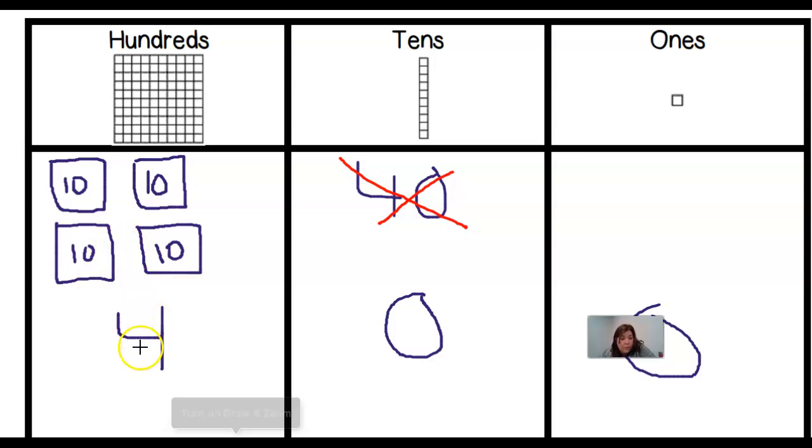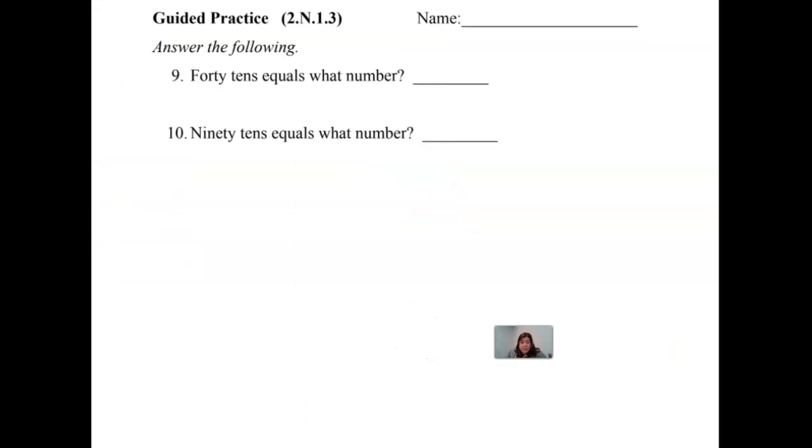So we have 4 tens of tens. So our number would be 400 if we had 4 tens. 10, 20, 30, 40. So we put a 4 there, and it'd be 0, 0. Be 400. Try the next one on your own.